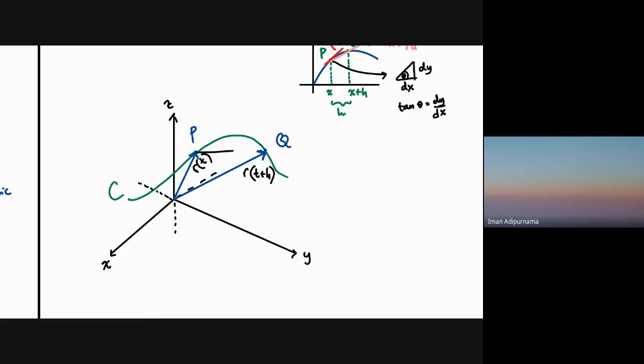And now we have the difference here, the secant line, which is basically the vector function at Q minus at P.